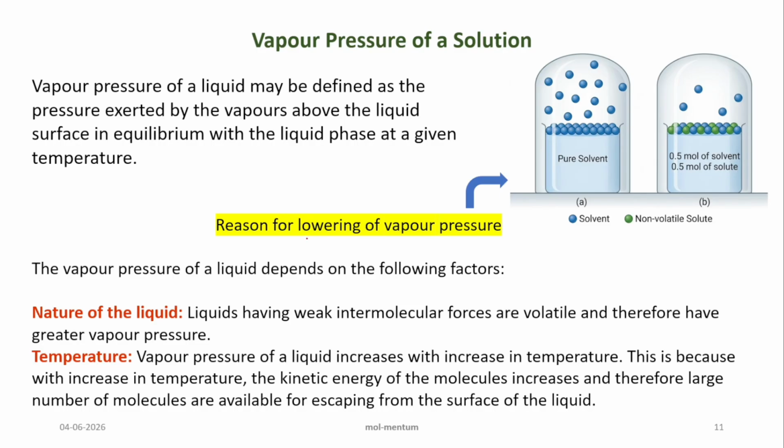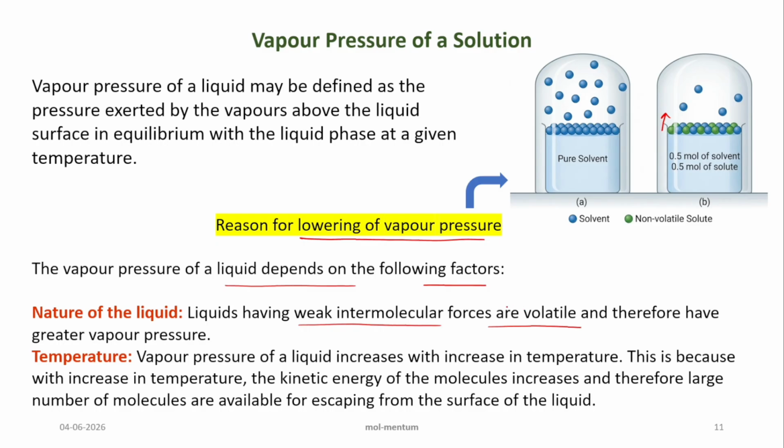Now the reason for lowering of vapor pressure, I think it is clear to everyone: we are adding non-volatile solute which is non-evaporating in nature. So they remain on the surface, hence vapor pressure decreases. The vapor pressure of a liquid depends upon the following factors. First, the nature of the liquid. Liquids having weak intermolecular forces are volatile.